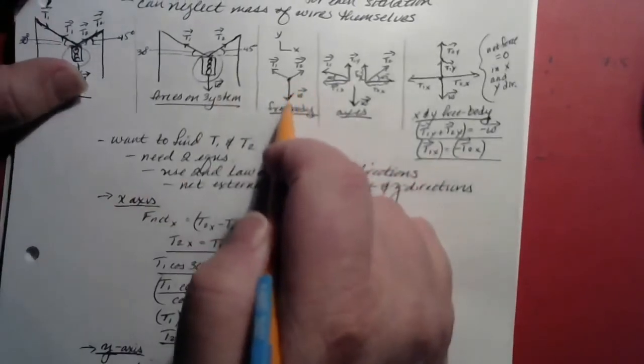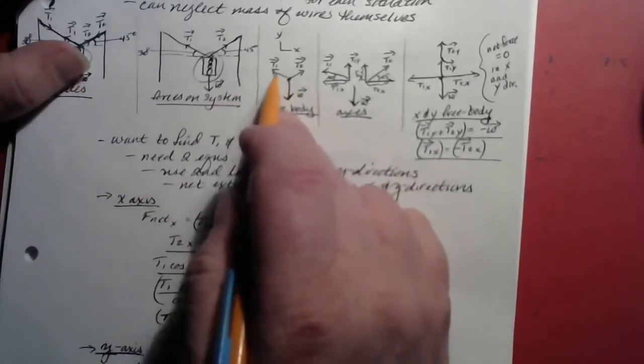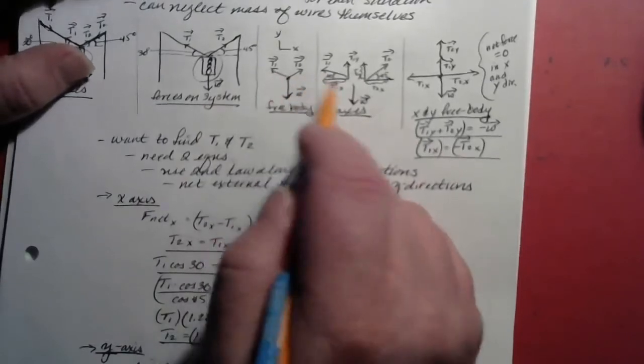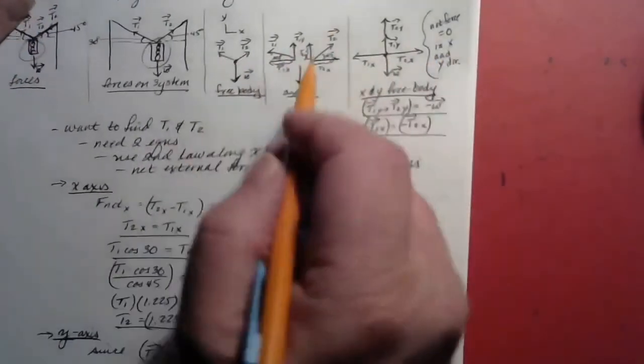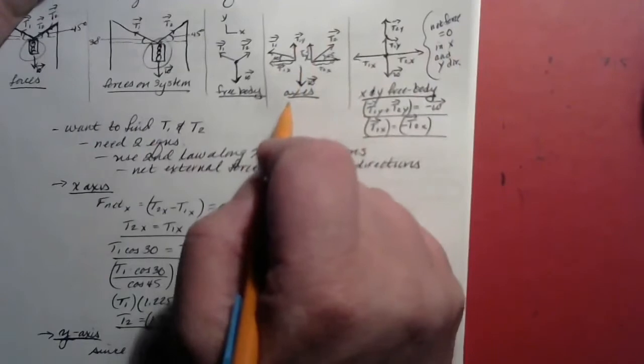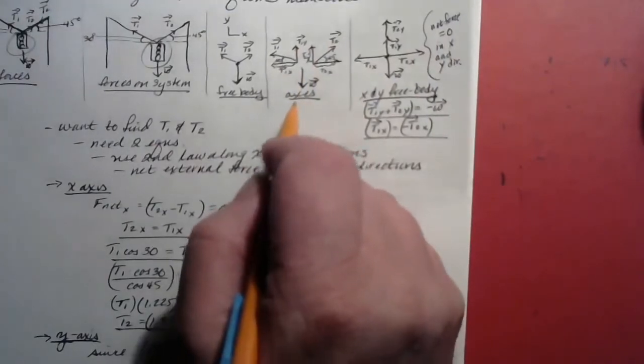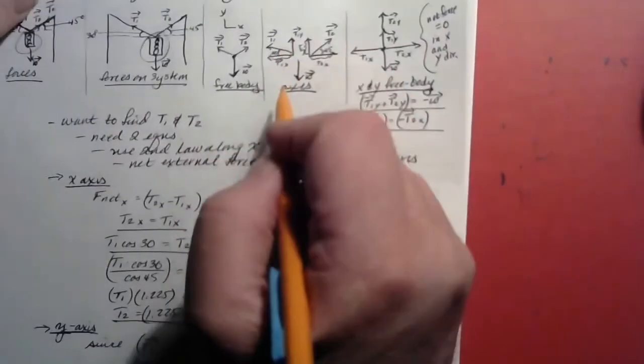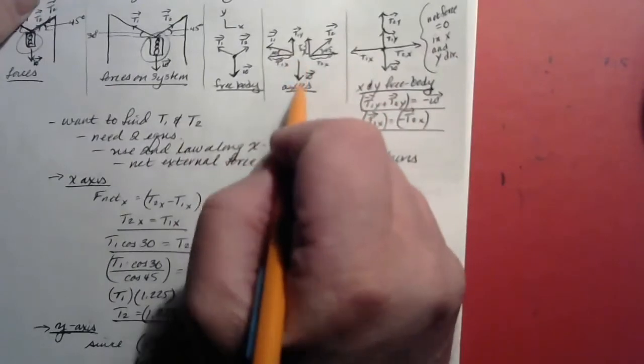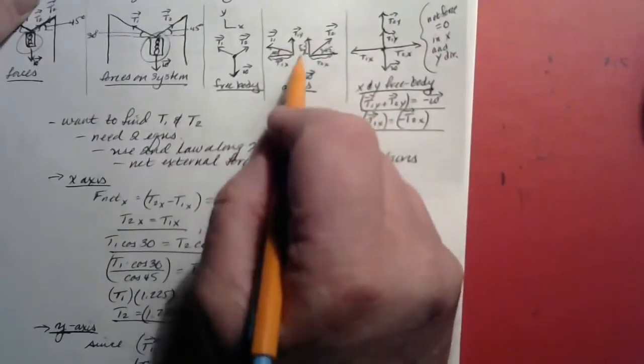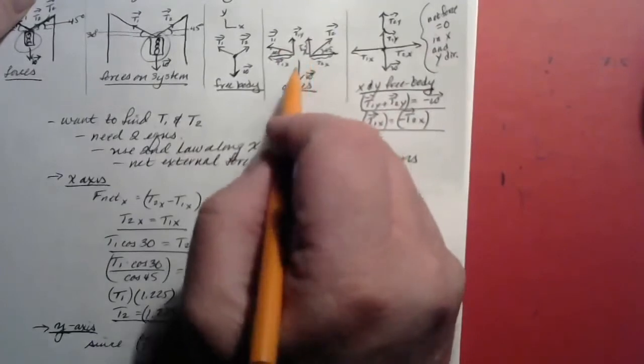That way, W is entirely in the Y direction, but for T1 and T2, we're going to have to find their components. So again, using the axes and finding components, we've got the weight pulling straight downward, which is entirely along the Y-axis.